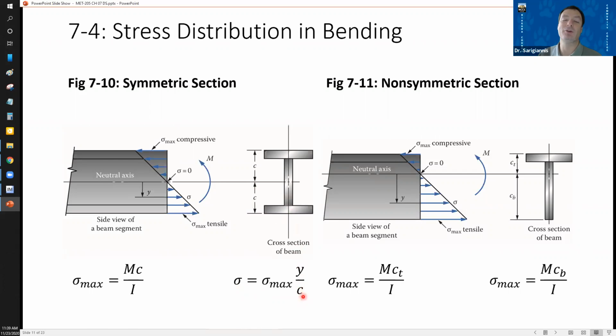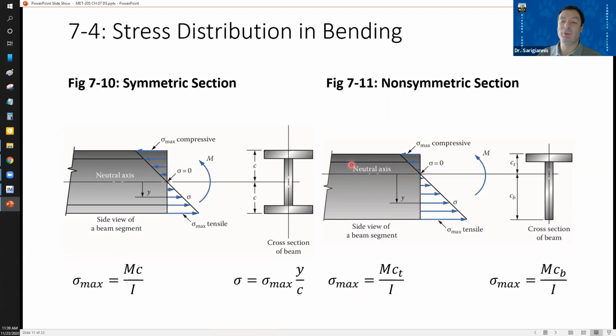It'd be 1/2 times the max stress. So it's just a ratio. Notice this is a linear relationship here and here, right? So it's just a ratio between the distance that you're looking at of interest and the overall distance. And we'll do an example on this.